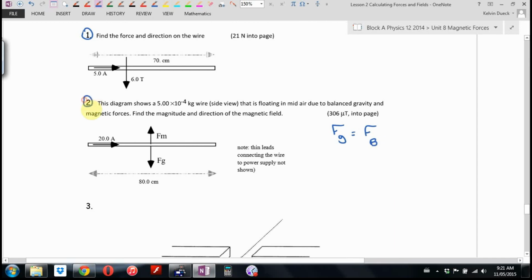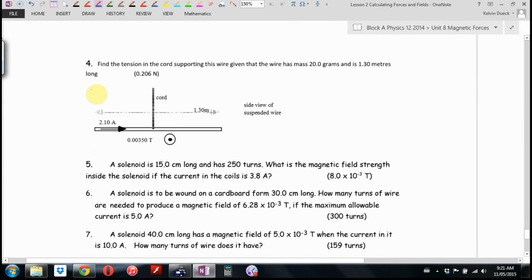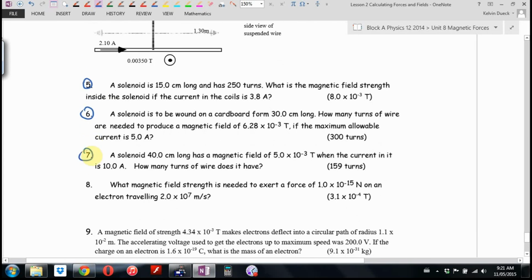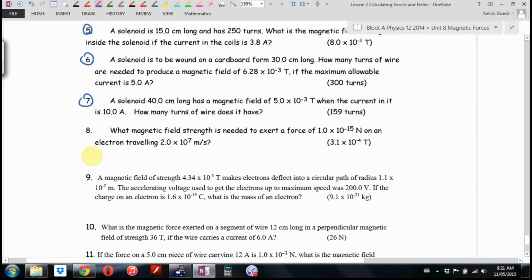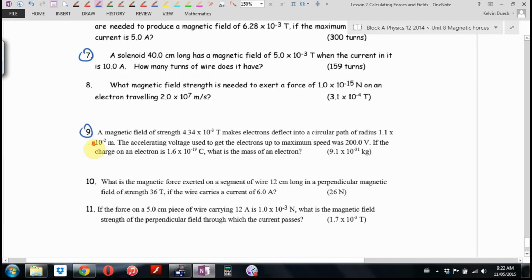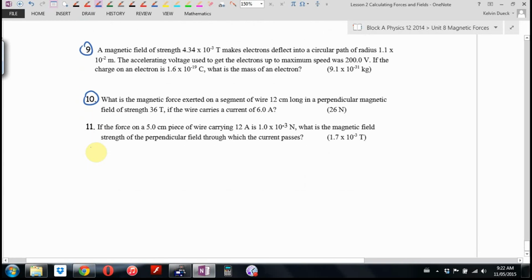So number 2 is good. 3 is good. 4 is tricky. 5 is good. 6 is good. 7 is good. Skipping 8, 9 is good. 10 is good. 11.